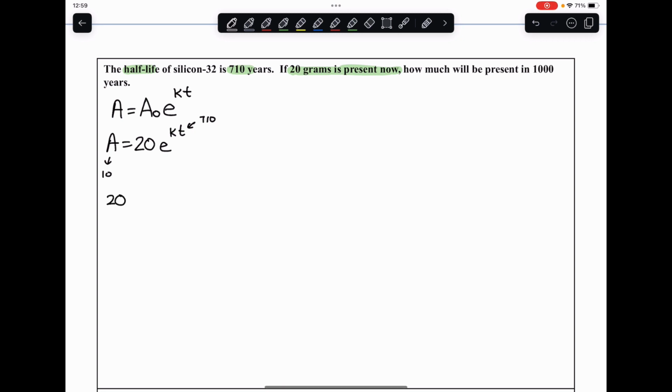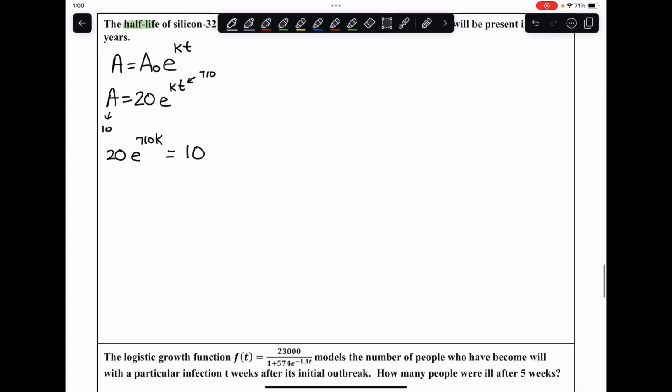So we would end up with the equation that 20 times e to the 710k is going to equal a total of 10, half of what we initially started off with. Just like a couple questions before, we solve this exponential equation by dividing both sides by 20.